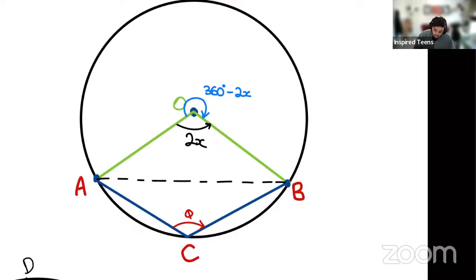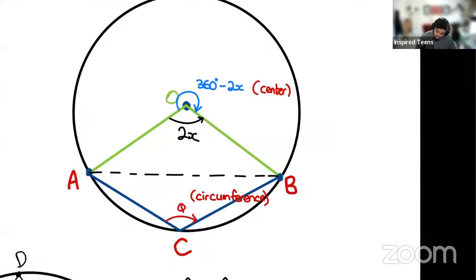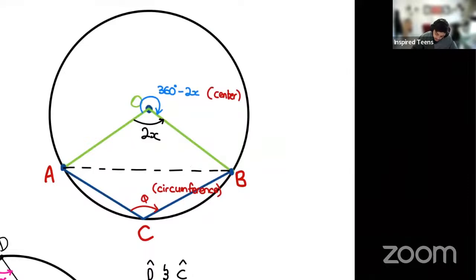Then this 360 minus 2x becomes the center angle, and this here becomes the circumference angle. This is the center angle, this is the circumference angle. And how do you get from one to the other? Theta is equal to 360 minus 2x divided by 2.